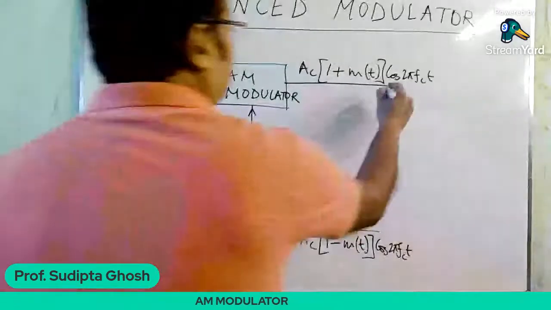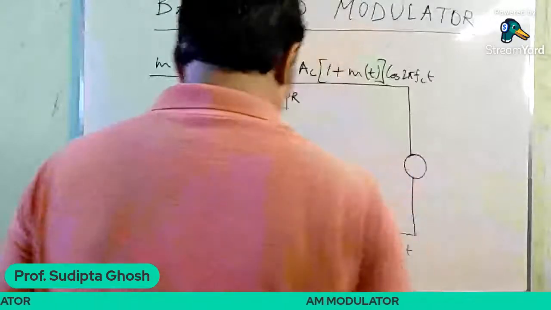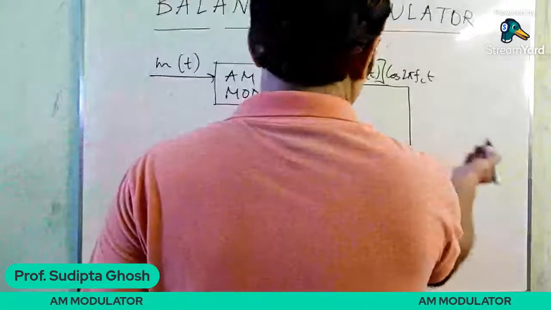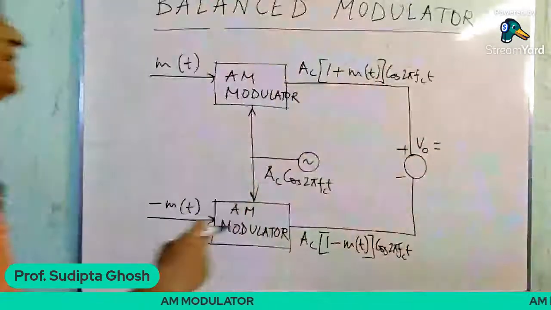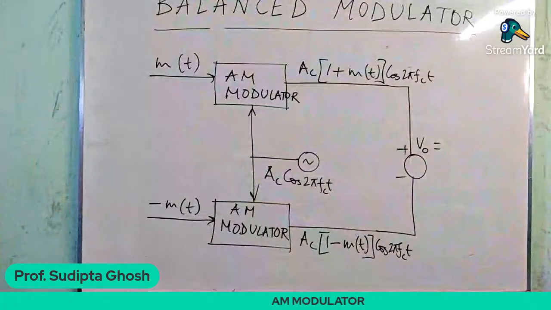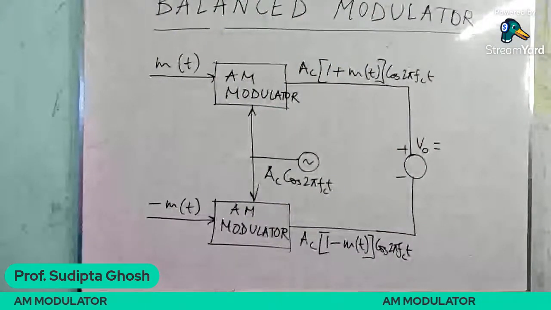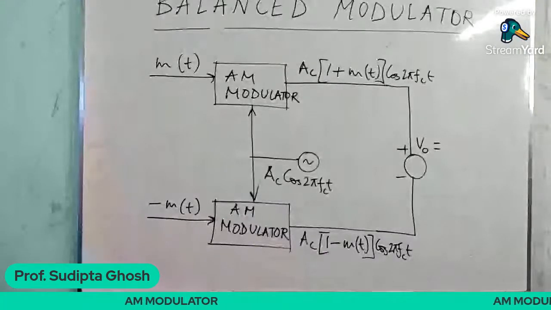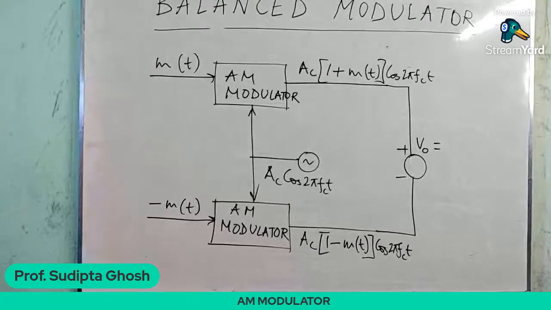Now just add these two, and the output V0 will be Ac cos 2 pi fc t plus Ac cos 2 pi fc t, plus Ac m(t) cos 2 pi fc t minus Ac m(t) cos 2 pi fc t, and it will be twice Ac.